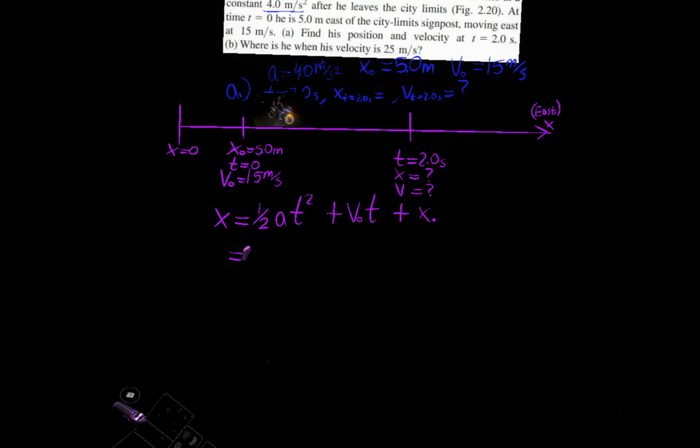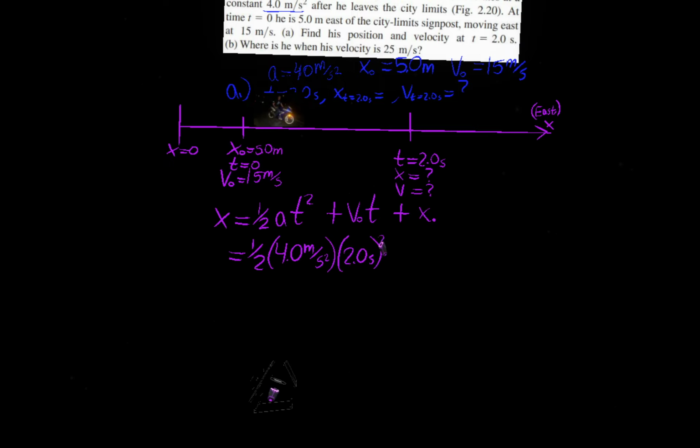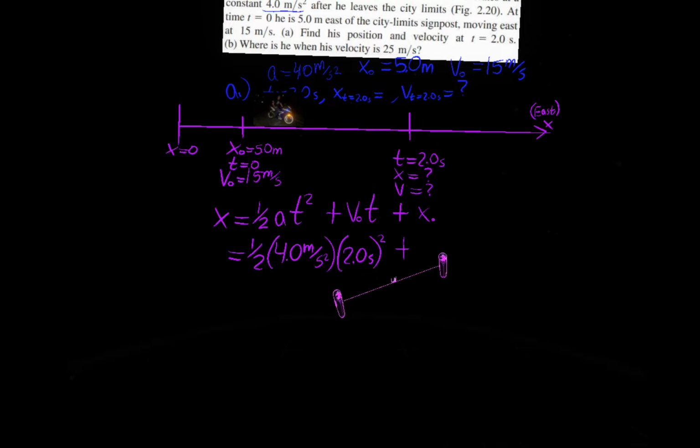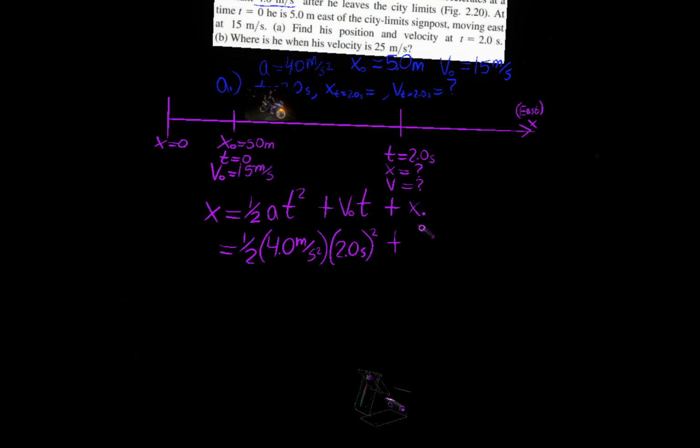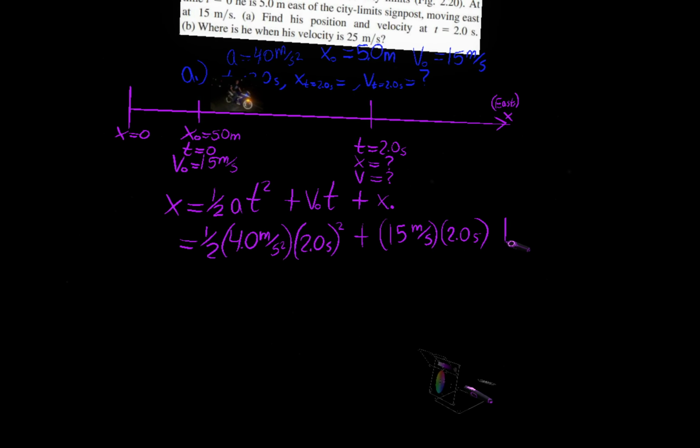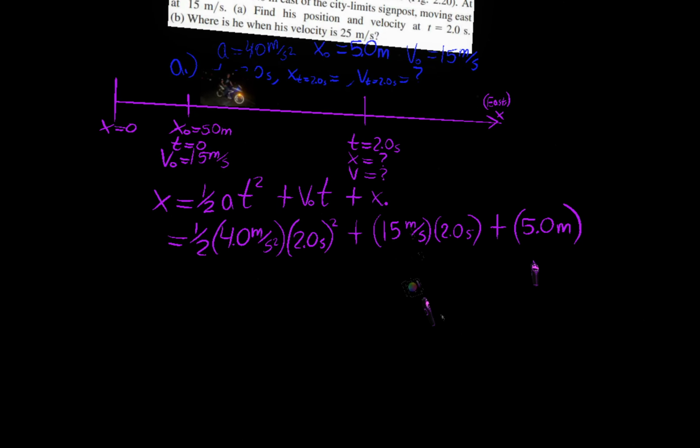And so we get x being equal to 1/2 times the acceleration, which was 4.0 meters per second squared, times t, which is 2 seconds, and that's squared, plus v naught, the initial velocity that he was going at t equals 0, which was 15 meters per second, times t again, so 2.0 seconds, plus x naught, which was 5.0 meters. All right, hopefully that all fits on the screen for you just fine.